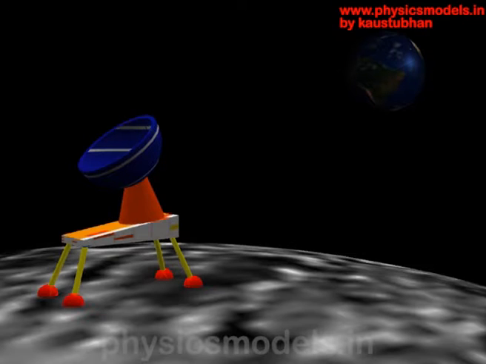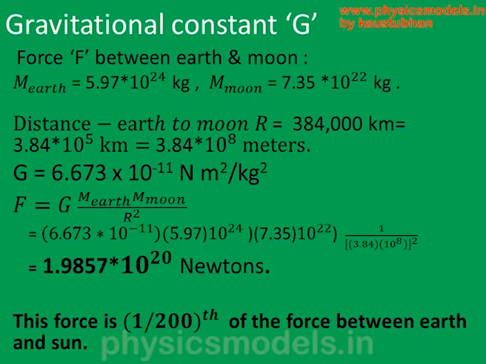We'll now take this example. We have our own moon lander which is sitting on the moon. We are on the moon and we are looking at home, which is in the distance, and the moon is rotating around the earth. So the force of attraction between the moon and the earth is what we would be interested in. So again, put the same equation, F is equal to G m1 m2 by r squared, substitute the mass of the earth, the mass of the moon, and r here would be the distance between the earth and the moon.